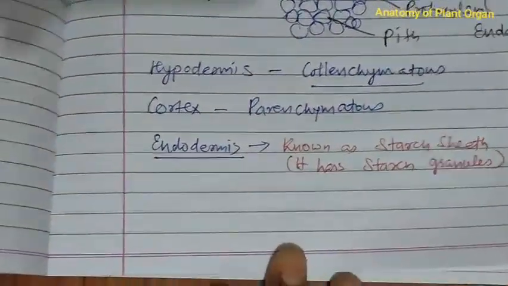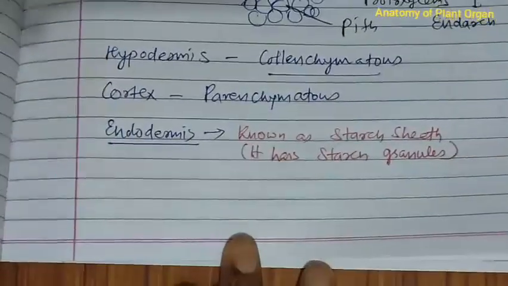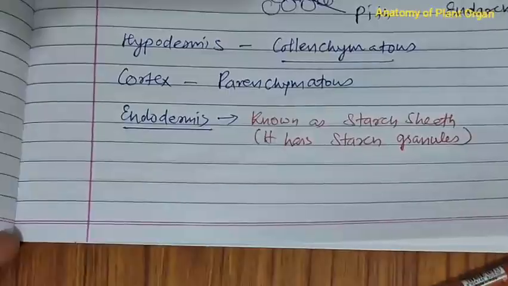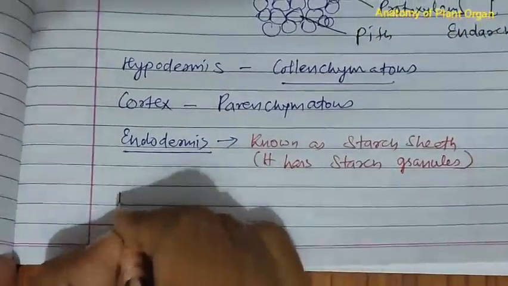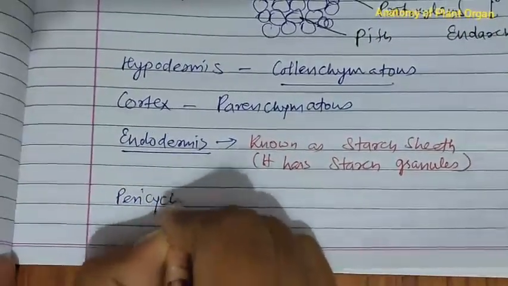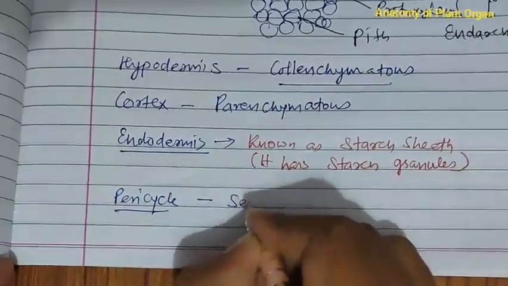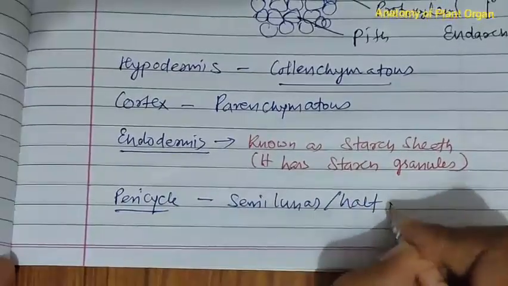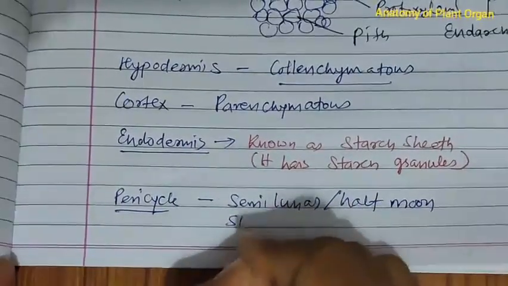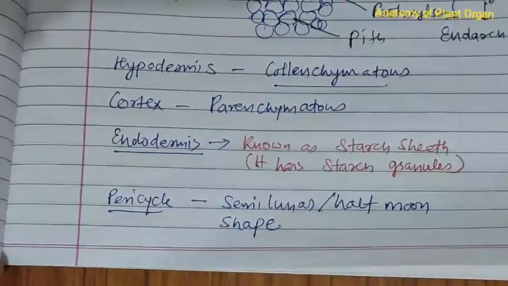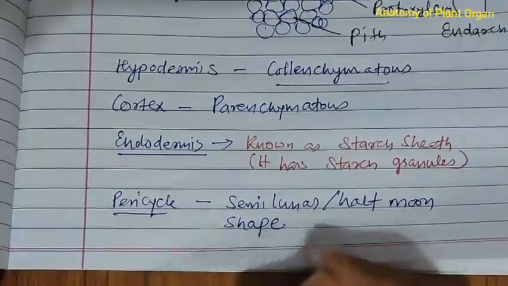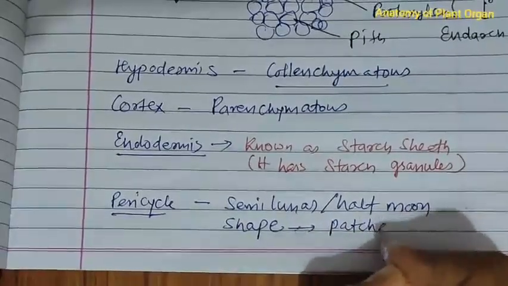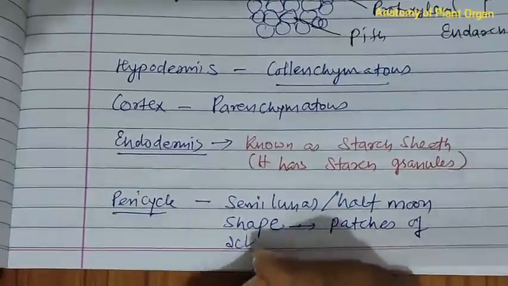Now when we talk about another part of this, inner to endodermis there is the presence of pericycle, and the pericycle is present in the form of semilunar or half moon shaped patches of sclerenchyma.